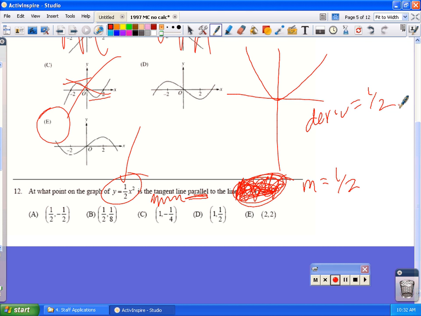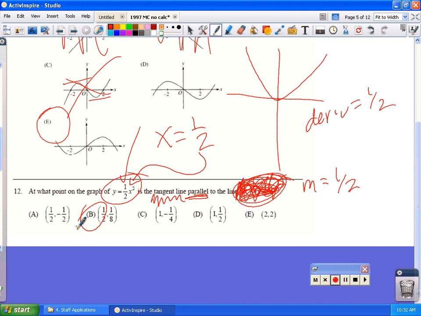So I need to take my derivative, which is x, and set it equal to my slope. Oh my gosh, and the answer falls out. At x equal to 1/2, I have a tangent line whose slope is 1/2, and I need the y value. Where do I get it? 1/2 squared is a fourth times a half is an eighth.